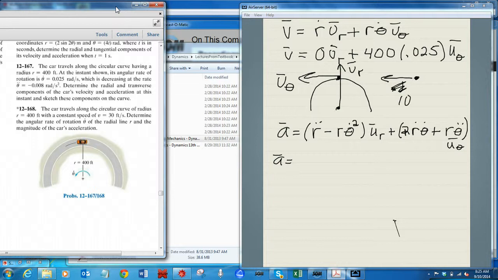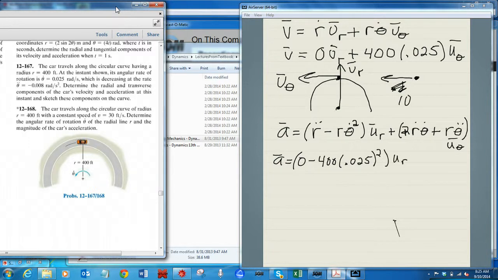What's the change in 0? Nothing. R double dot is 0. Minus what's R? R is not 0. 400 feet. What's theta dot? 0.025, squared.